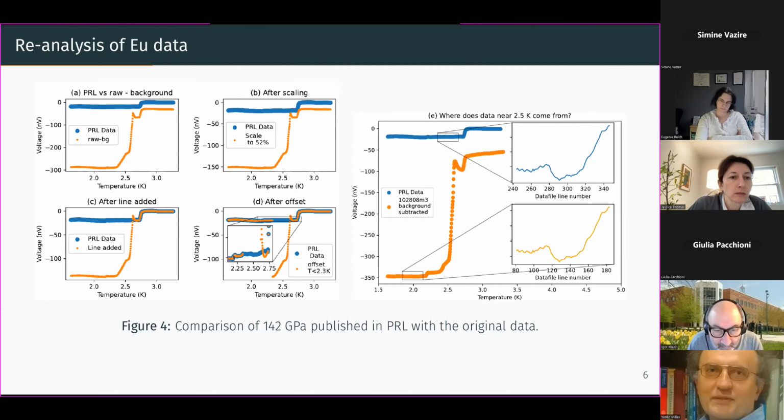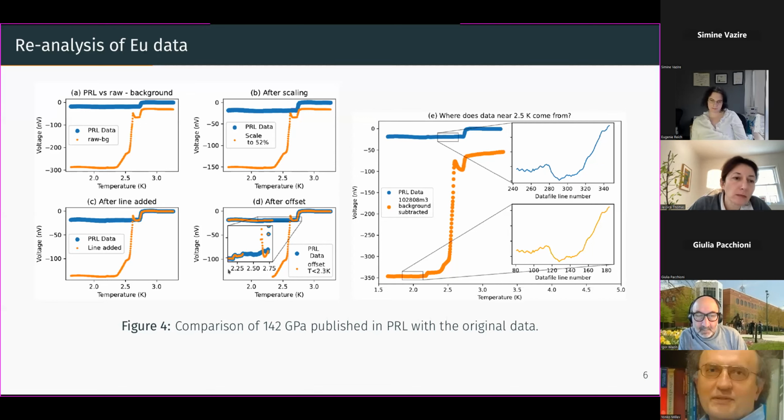But there was still this puzzling region in the middle here where I couldn't figure out where that data had come from. So right here, I had no explanation for this. What I did was I took all 65 of those raw data files, and I took a set of data points, and I compared some segment of data points against every other segment of data points in every other one of the 65 data files.